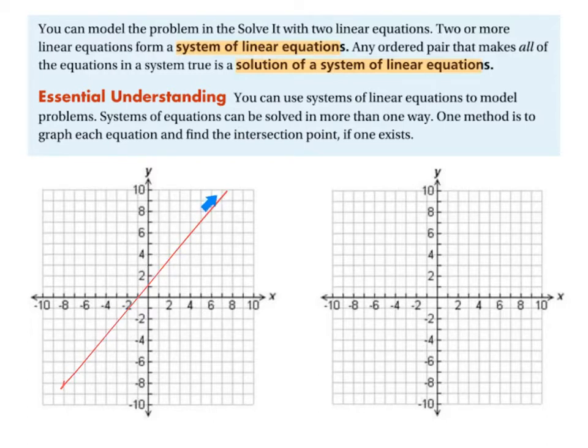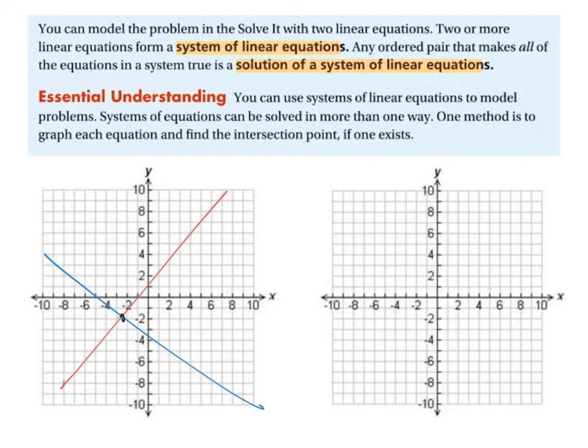So every different x and y for all of these points is a different x and y pair of values that will solve the equation. Okay, that's the first thing that you need to understand. Now, if you have two lines, there's only going to be one place where they cross, and since you have all of the solutions of the red equation here and all of the solutions of the blue equation here, the place where they meet, that one point where they meet, the coordinates of that point will be the x and y value that will solve both equations.